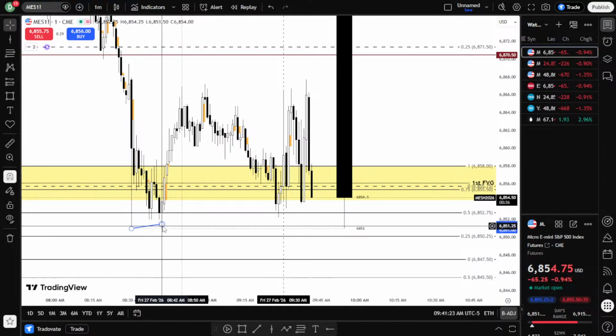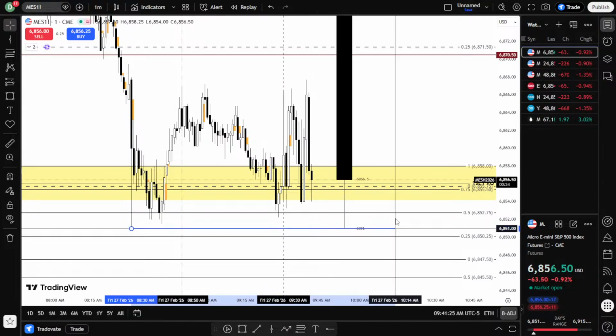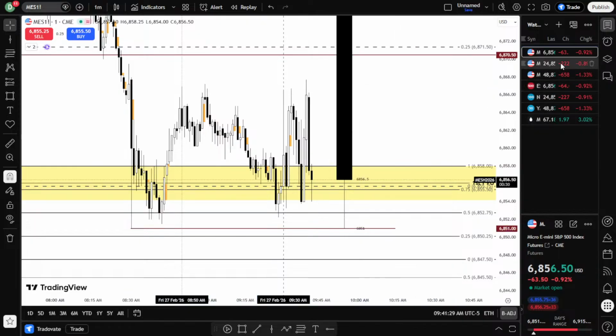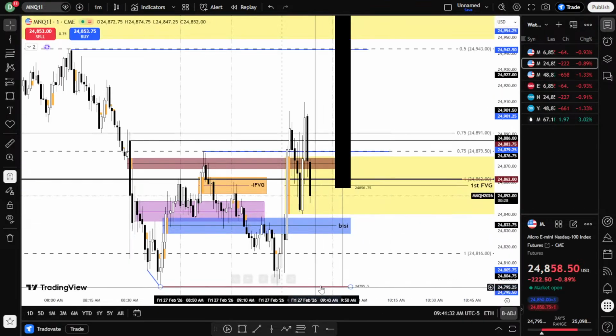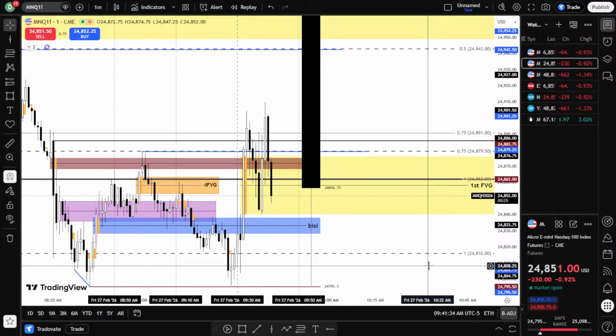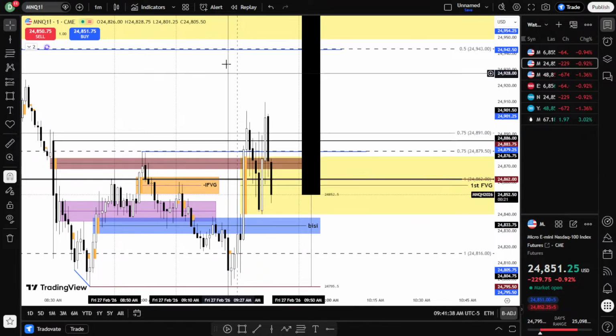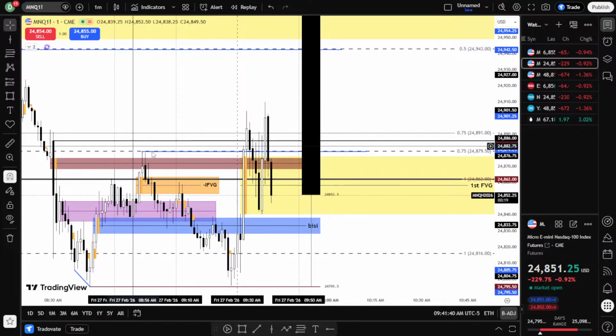This is the sell side for ES and this is the sell side for NQ. But you can see it is just moving up and down. It has taken out a minor buy side and it went above the 830 opening.